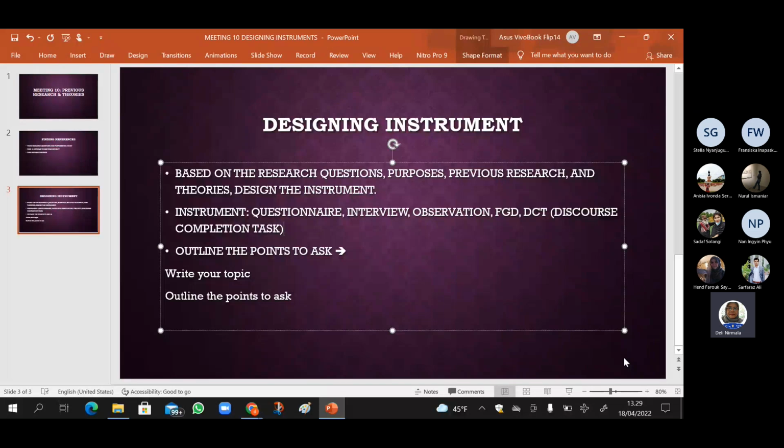So try to state the topic, write your topic, and after that, the outline of the points you are asking or investigating. I will check whether the questions represent the topic. Okay, please outline now. I'll give you 20 minutes.